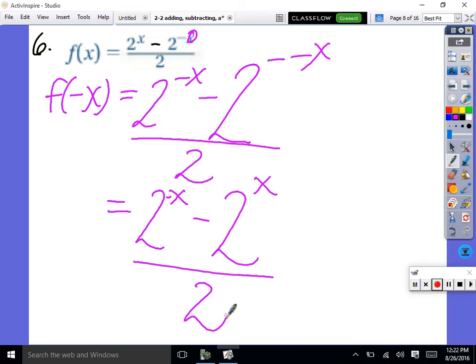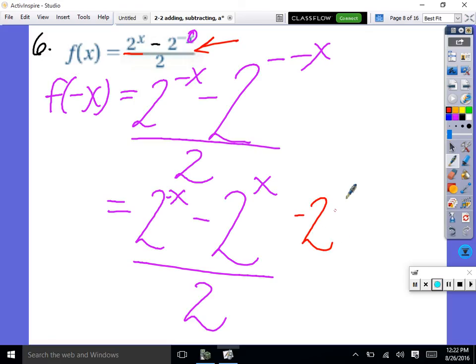So looking at that, I'm going to look back up here and be really careful, because some people might say, oh, well, that's the same, but we've got to be careful, because look at the original function. They put the positive x first, so let's rewrite it in the same order. Won't that be -2 raised to the x, guys? If we were to write it in the same order they have it up here.